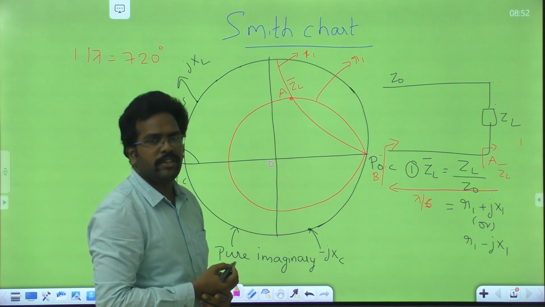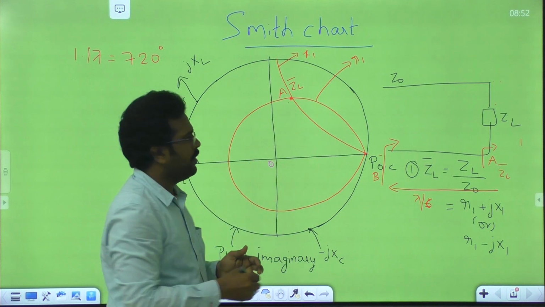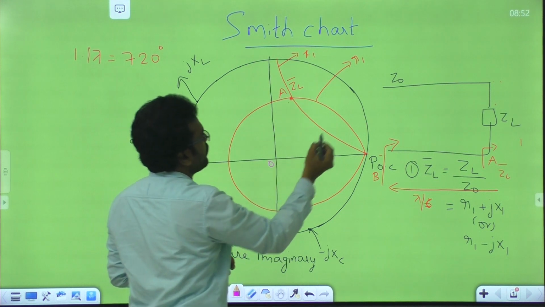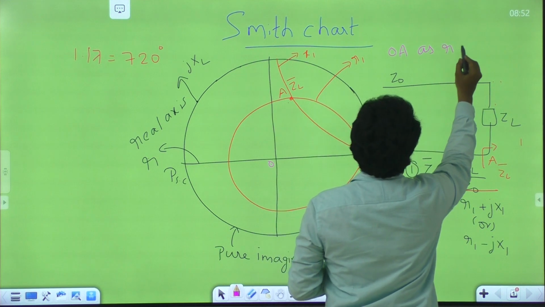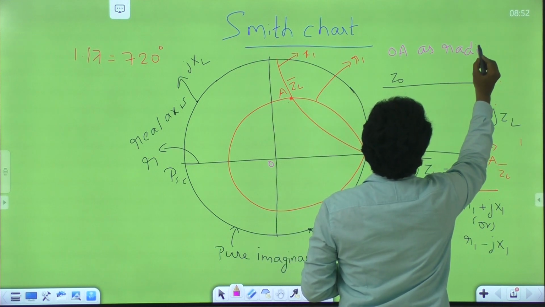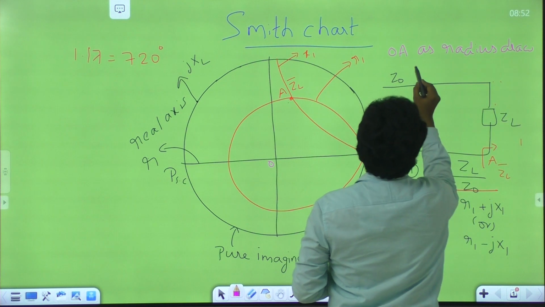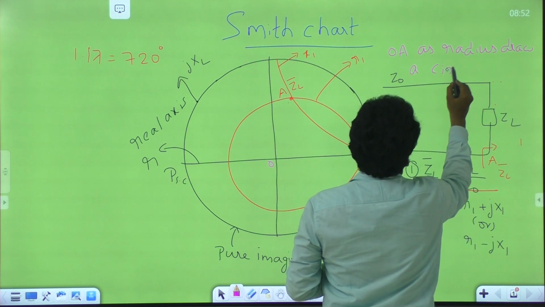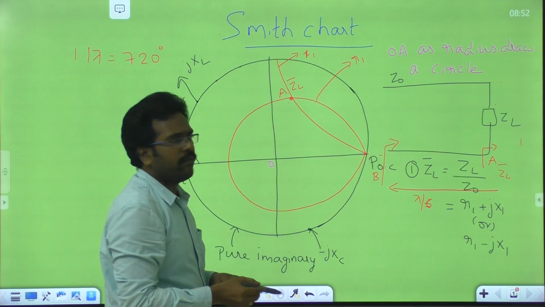How to draw the constant VSWR circle: after plotting the normalized load impedance, with OA as radius, draw a circle. With OA as radius, draw a circle. That circle is called the constant VSWR circle.